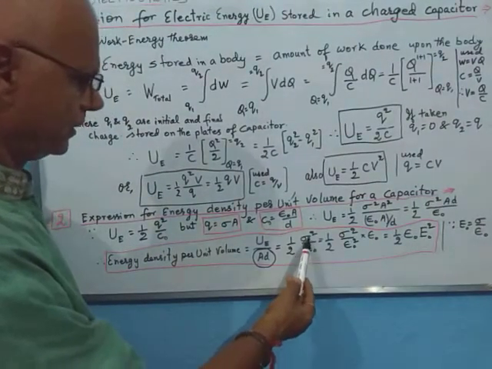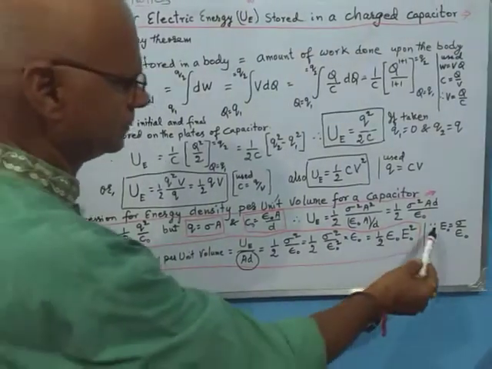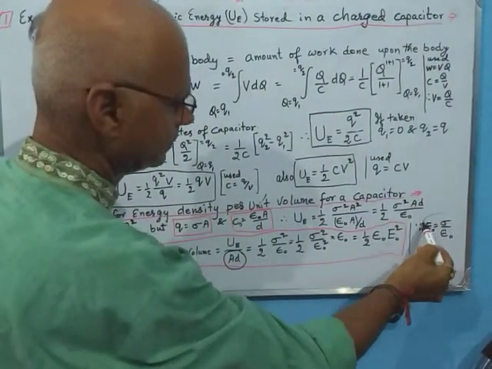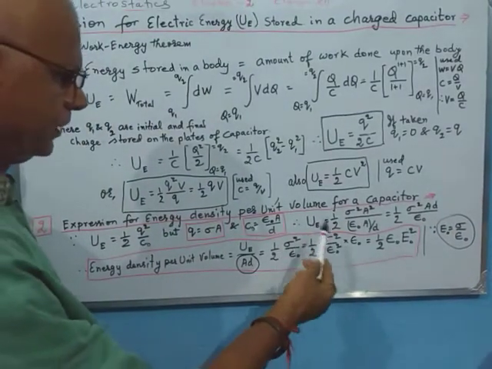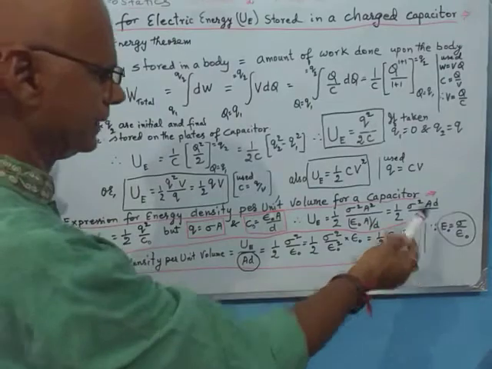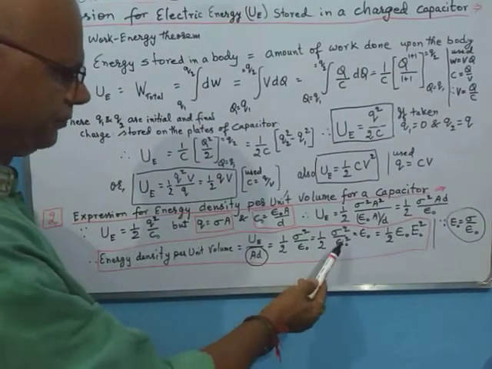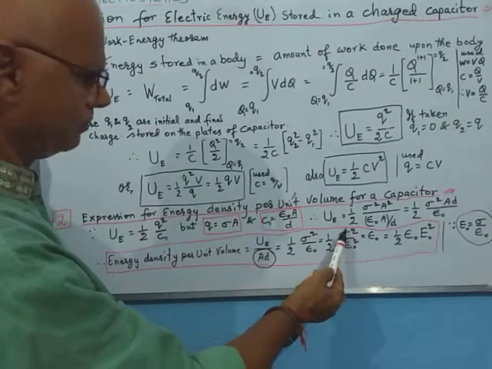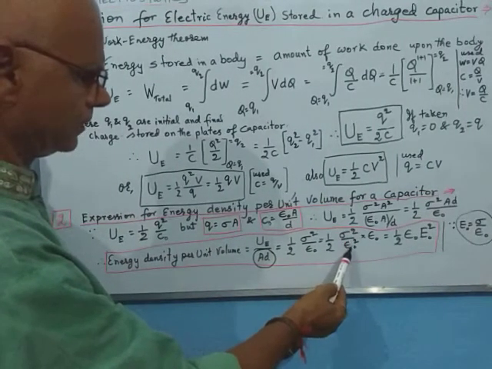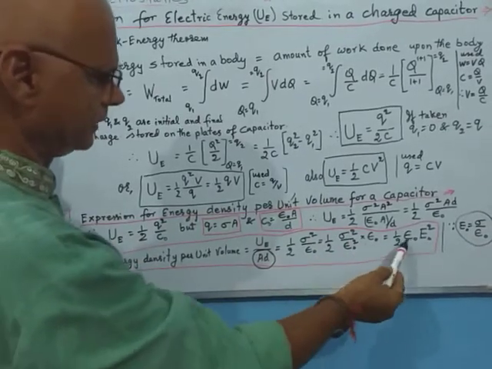Now you see, electric field in air medium is sigma by epsilon naught. So for sigma square by epsilon naught, we can write E0 square: we multiply and divide by epsilon naught, so it becomes sigma square by epsilon naught square, which is E0 square, and epsilon naught is there.